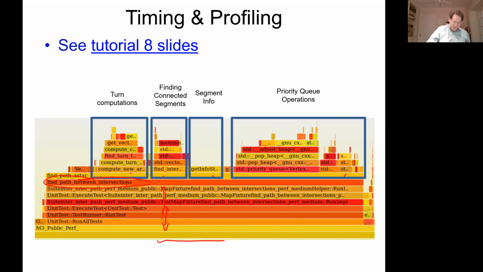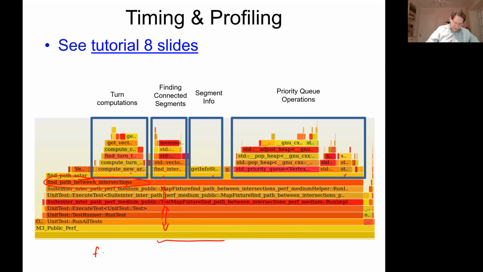Actually, let me give you one last tip. I said start with algorithm, then move on to data structures, and finally you can do low-level coding. So let me tell you one low-level coding technique that we haven't really talked about but is useful.